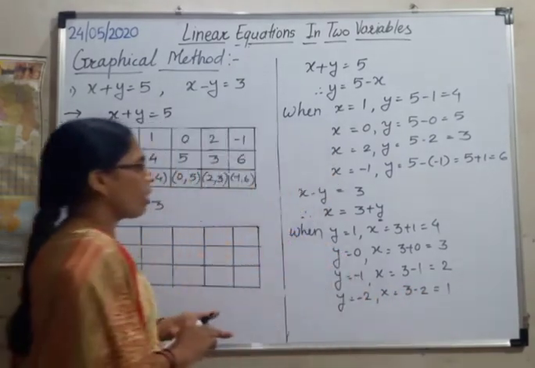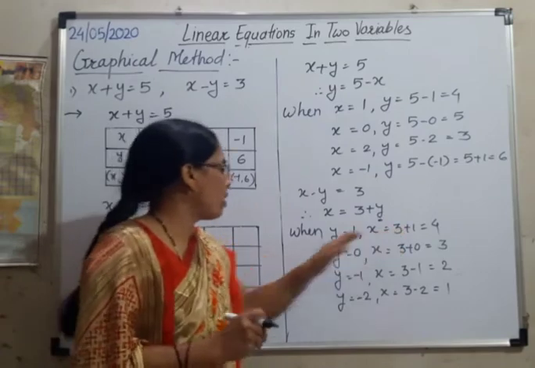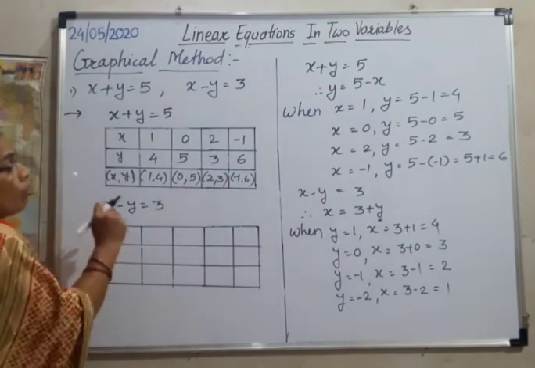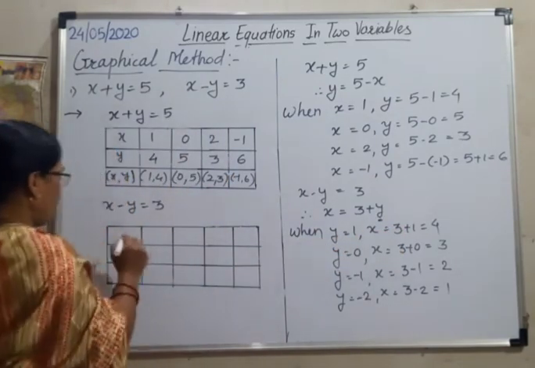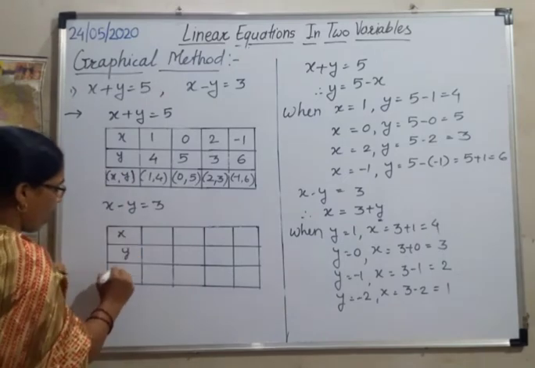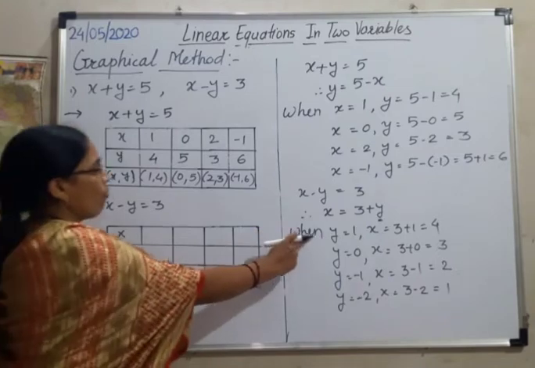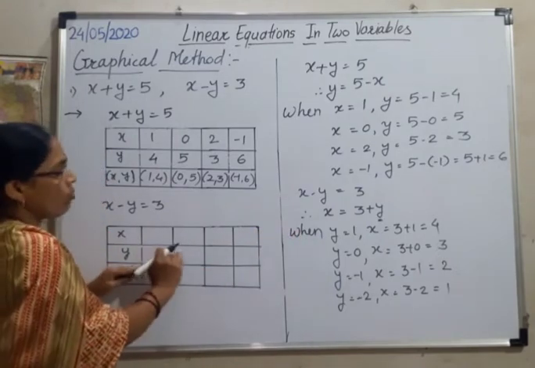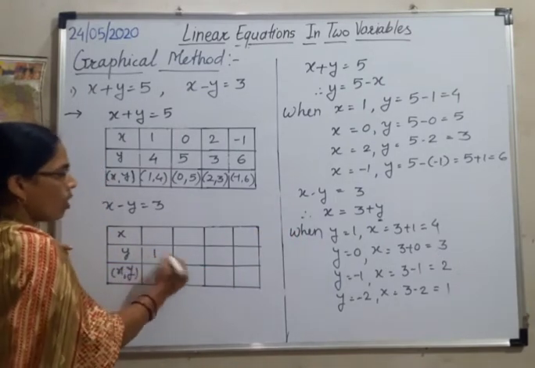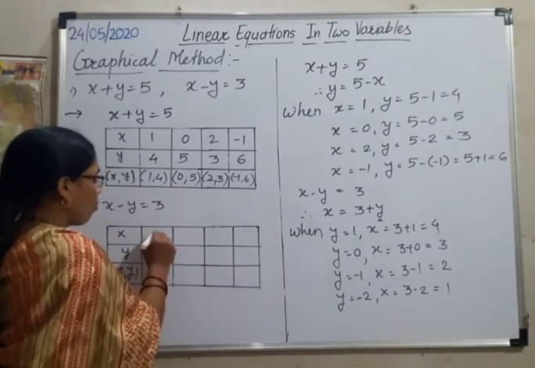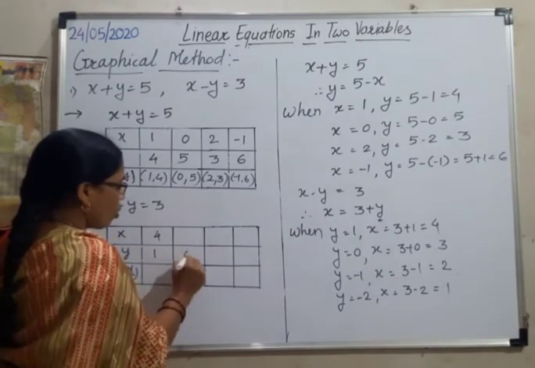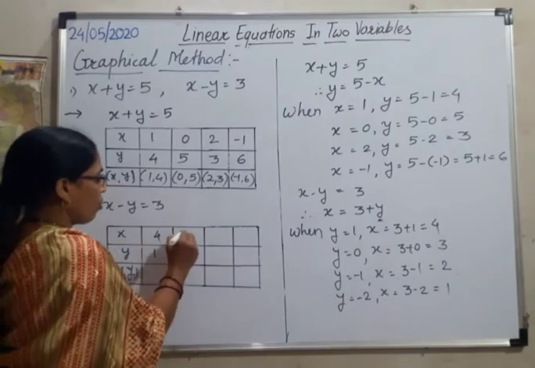1. Now we can write all four ordered pairs in this chart. The values of y we have considered, so here x, y and xy. You have to write the value of y in this y row only. When y is equal to 1, then we got x is equal to 4. When y is equal to 0, then we got x is equal to 3.